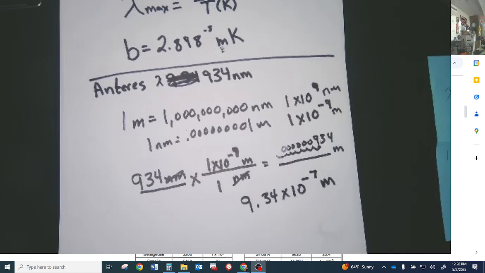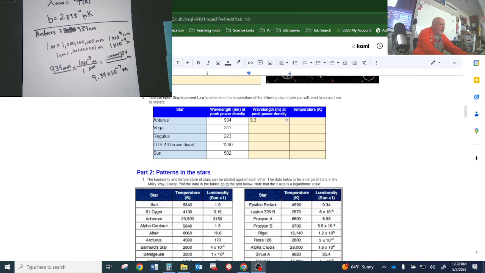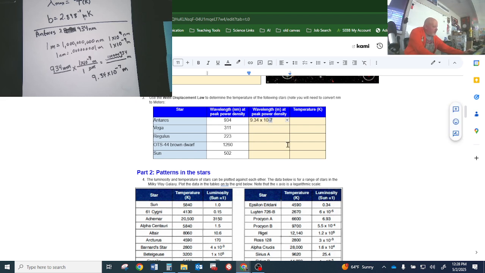And you would do it like this. So I'm writing in this column right here, 9.34 x 10, and I would type negative 7, and then I would highlight that negative 7, and if you hit Control period at the same time, that will superscript that number.